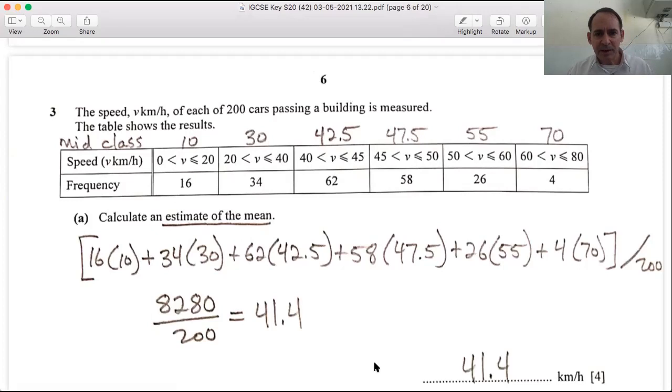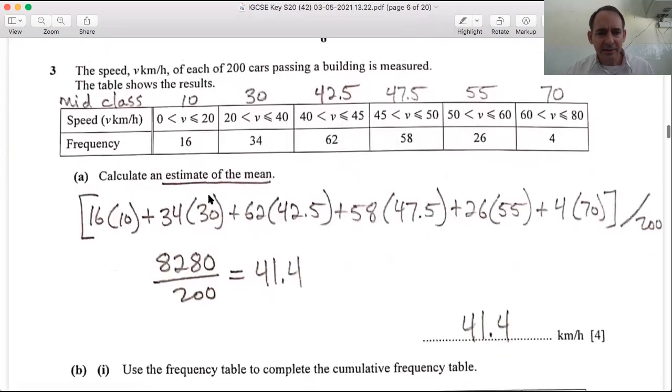Then to find the mean, we multiply the frequency times the mid-class value, and we add them up as we go through all the classes. And then at the end, we divide by the total frequency. So we end up with 16 times 10 plus 34 times 30 plus 62 times 42.5 all the way through, and add those all up and then divide by the total frequency, which was 200.